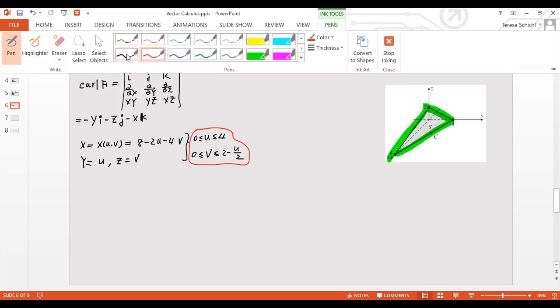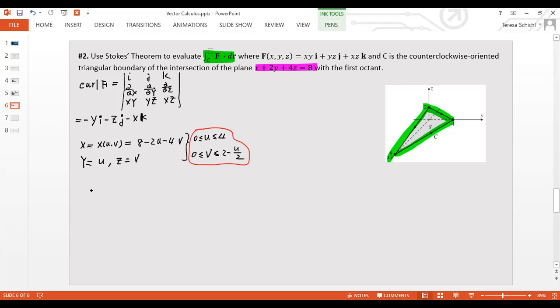Now let's write r(u,v) = ⟨8 - 2u - 4v, u, v⟩.